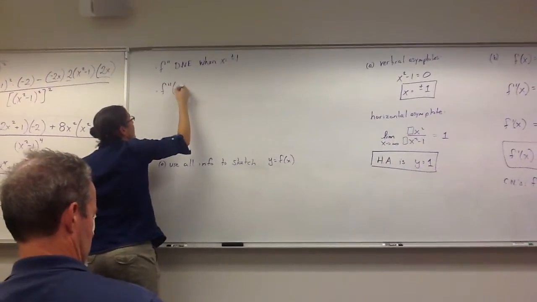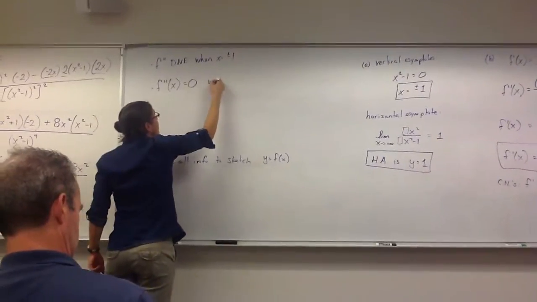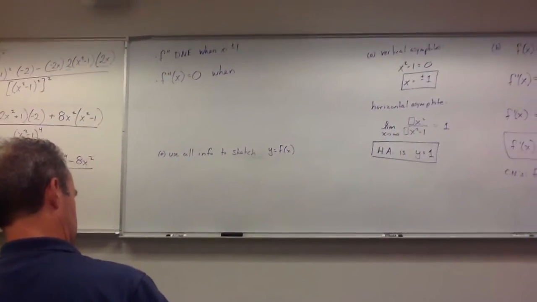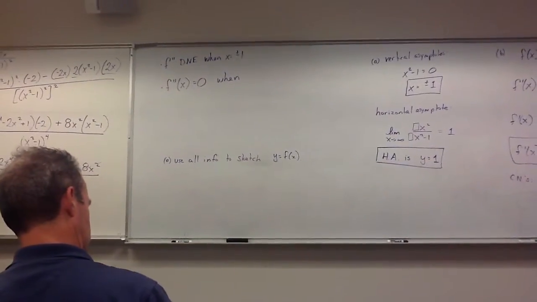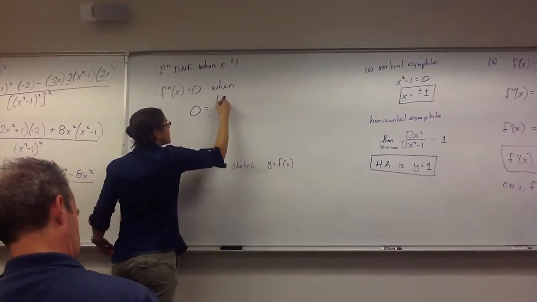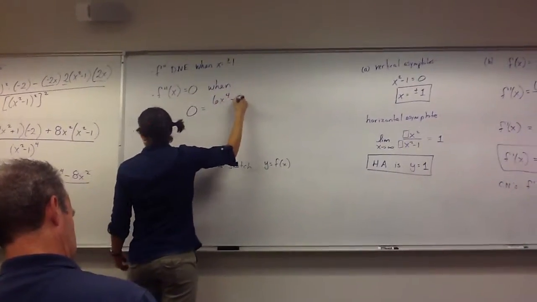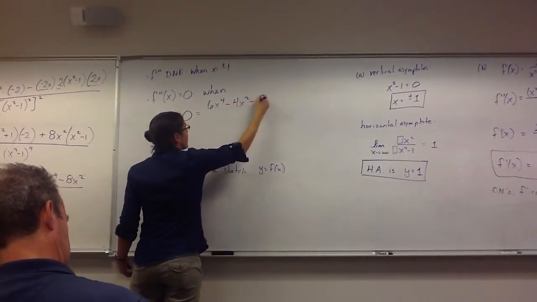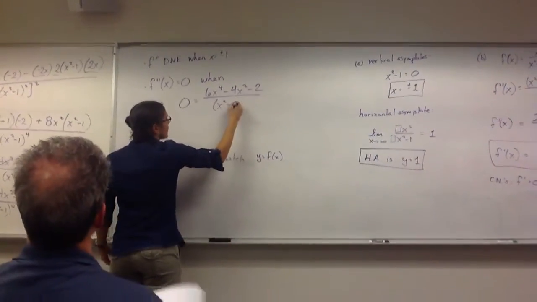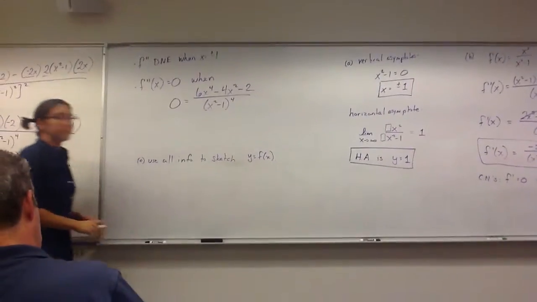And f double prime is equal to 0 when, well, we have to set our second derivative equal to 0 and solve for x. So 0 is equal to 6x to the fourth minus 4x squared minus 2 over x squared minus 1 to the fourth.